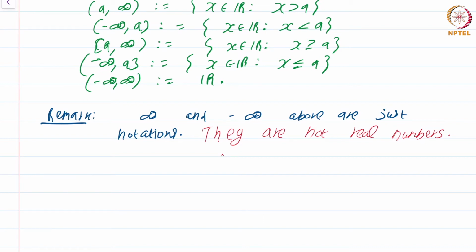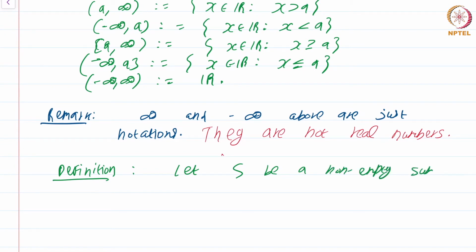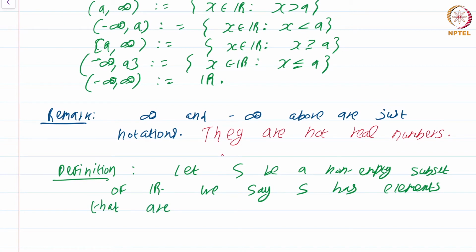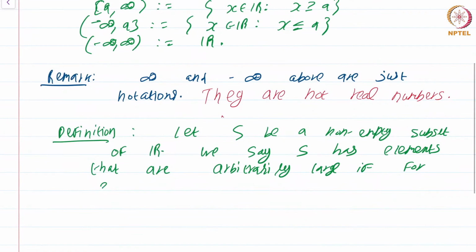Definition: let S be a non-empty subset of R. We say S has elements that are arbitrarily large if for each natural number n in N we can find x in S such that x is greater than n.